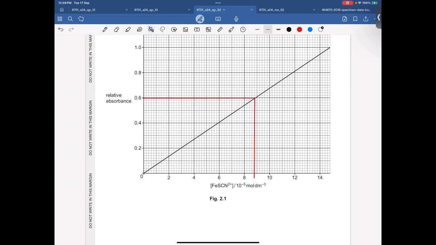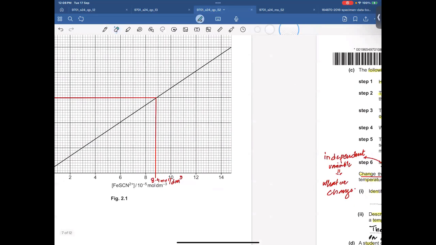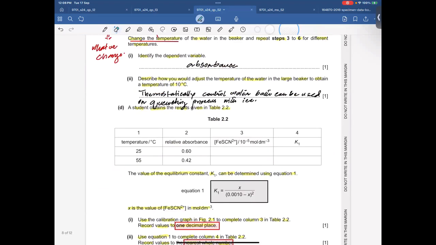So at 0.6, it's going to be how much? 8.1, 8.2, 8.3, 8.4. Okay, mole per dm cube. So first is 8.4.